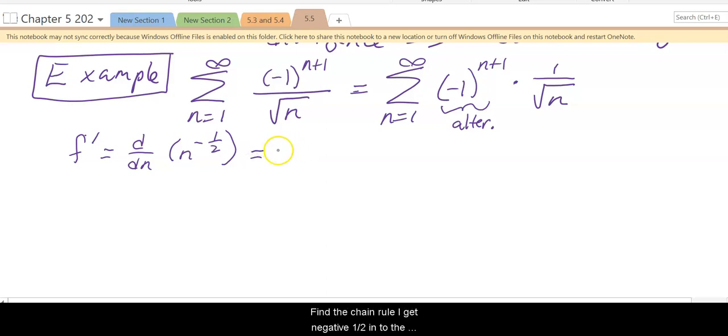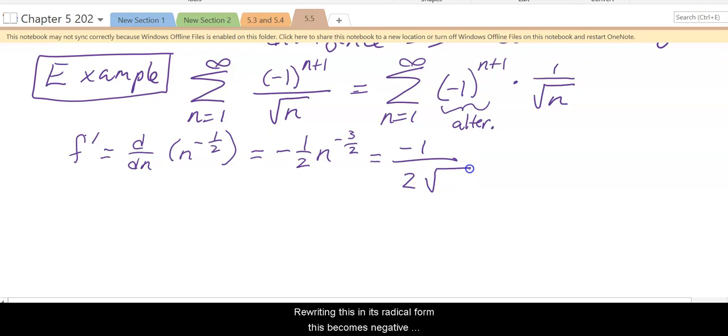Applying the chain rule, I get -1/2 n to the -3/2. Rewriting this in its radical form, this becomes -1 divided by 2 times the square root of n cubed.